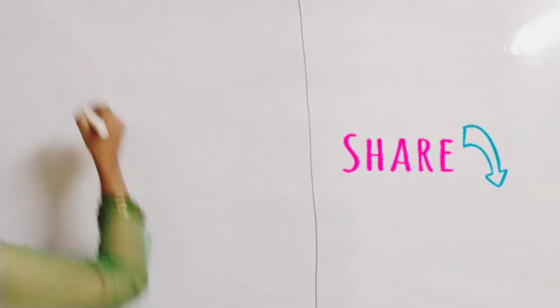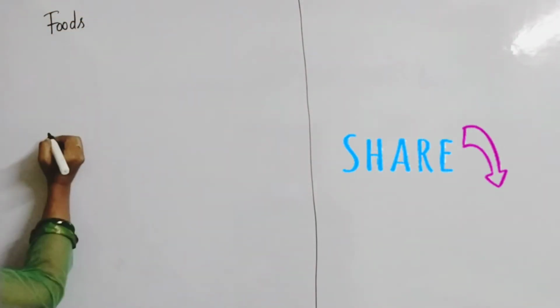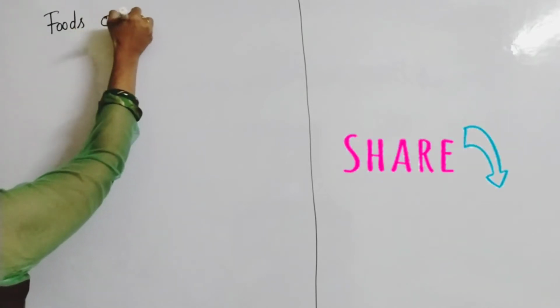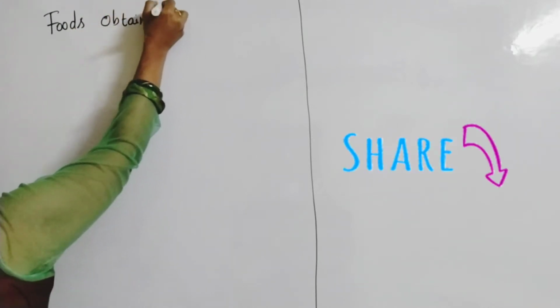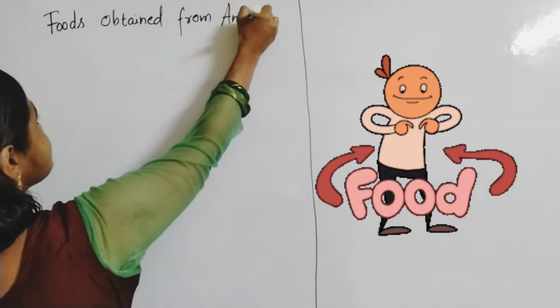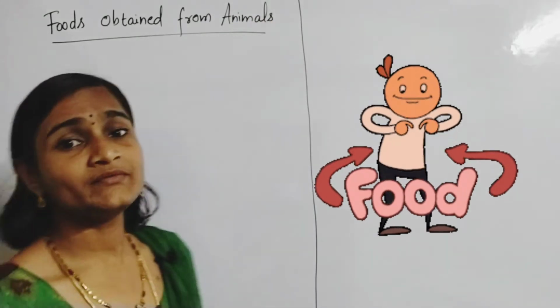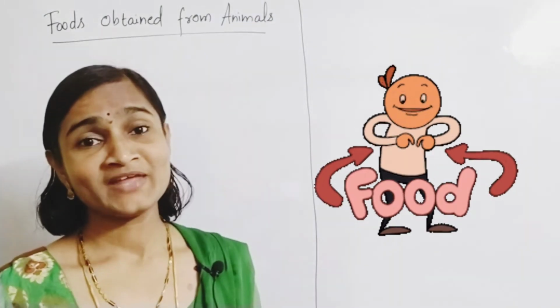So today's topic is what? Foods obtained from animals. So this is our topic for today. We were learning about sources of food, isn't it?